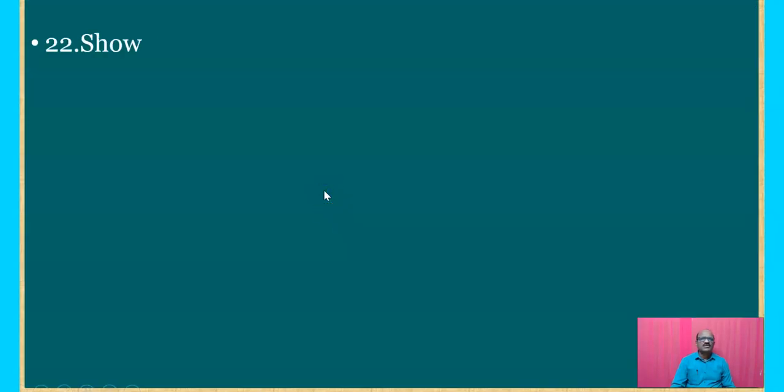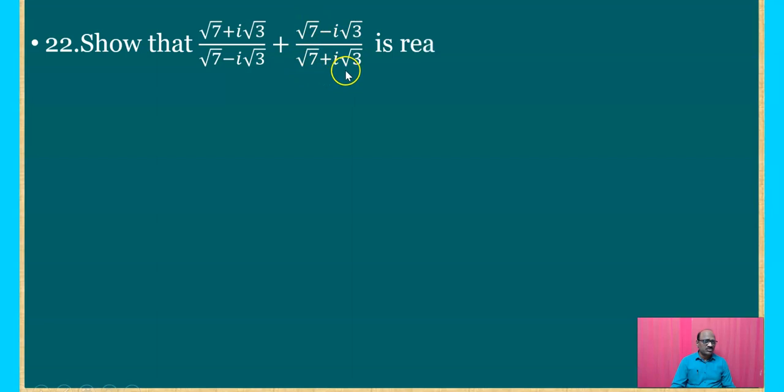Next example. Show that (root 7 plus i root 3) upon (root 7 minus i root 3) plus (root 7 minus i root 3) upon (root 7 plus i root 3) is real. Now the simplification.